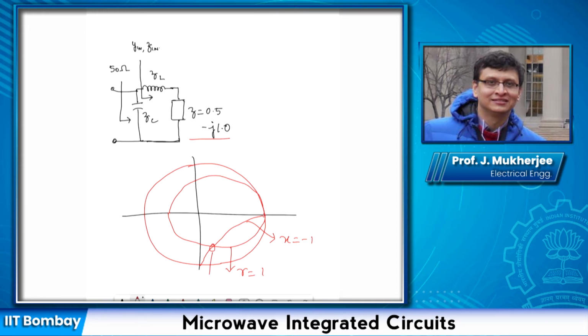This point corresponds to... okay, and we have to obtain 50 ohms. So 50 ohm in terms of normalized, so this here should be here.